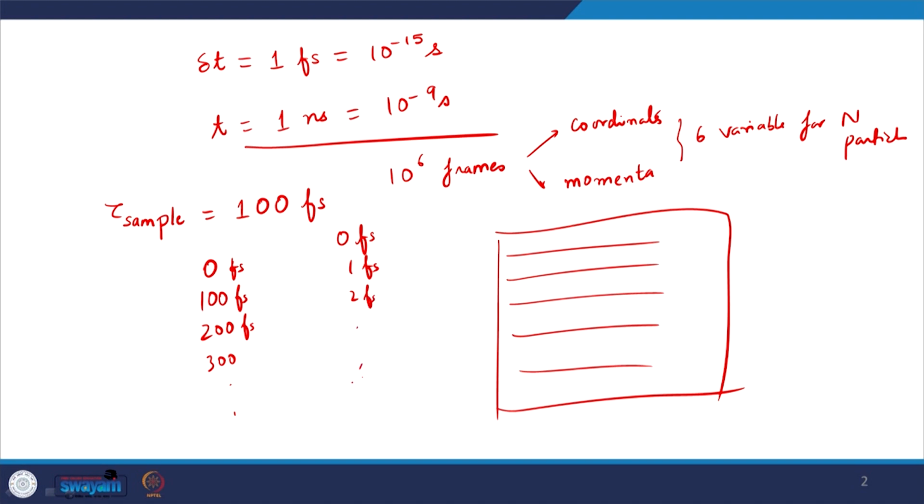So, clearly now we have only 10 to the power 4 frames, that is 100 times less in size compared to 10 to the power 6 frames. Not only do we have fewer frames, but also we have less correlation between the frames, and therefore we can hope to get better averaging, right. So, we always should keep a sampling frequency reasonably large, not only because it will save our storage, but also because we really want to get independent samples.